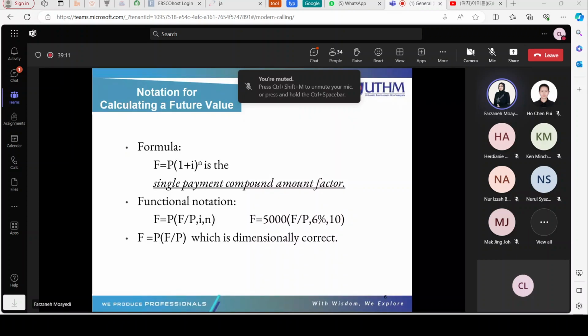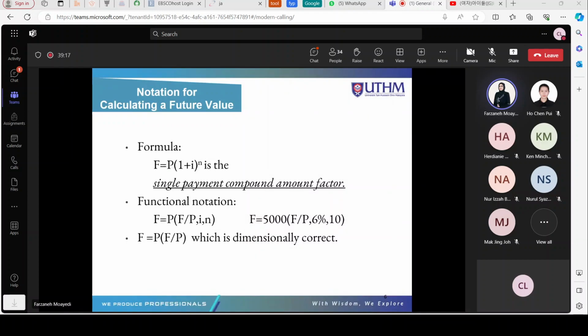So there's only a one-time payment. This is for single payment. If there are going to be multiple payments, the scenario is a different one. So for now, we are only looking at a single payment. Either you receive money one time today, or you pay off the money one time in the future. So far, these two methods are only for the single payment.